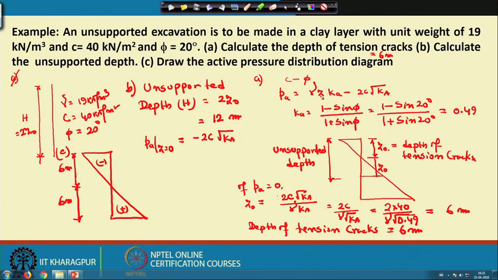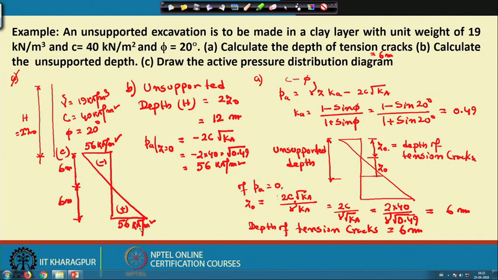If I put Z equal to 0, this will be minus 2c root Ka, so this is 2 into 40 into root 0.49. This value is 56 kilonewton per meter square, in minus. Similarly, this value will also be 56 kilonewton per meter square.